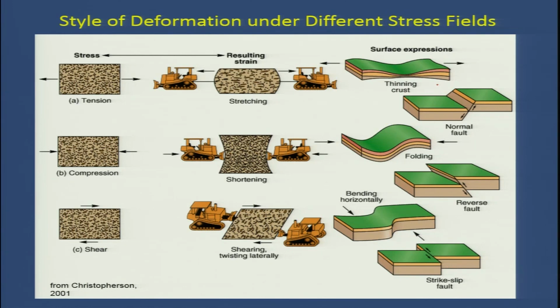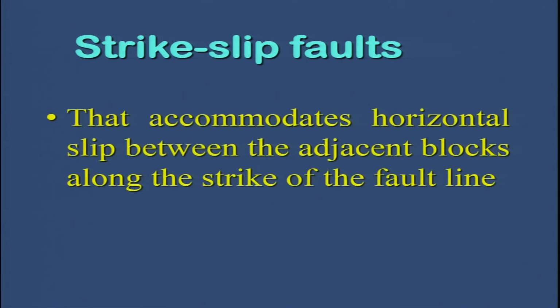So these are the three major types of faulting, normal, reverse and strike slip, in different tectonic environments or stress patterns: tension, which is extensional, then compression, and shear. Strike slip faults are those that accommodate horizontal slip between adjacent blocks along the strike of the fault line.